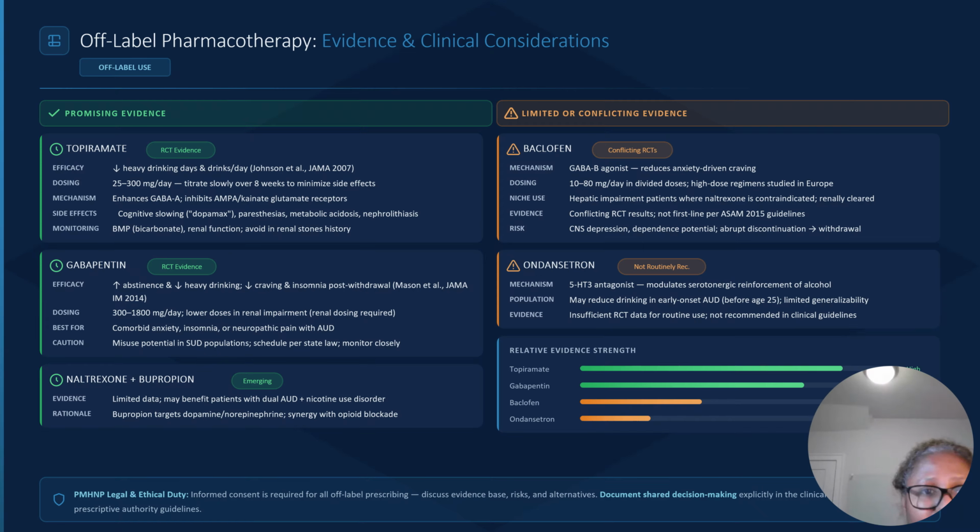As far as off-label pharmacotherapy, these are the other items that providers may use. So topiramate is one, gabapentin is another one, naltrexone plus bupropion is another one. And then these are a few that providers typically try to limit use of.